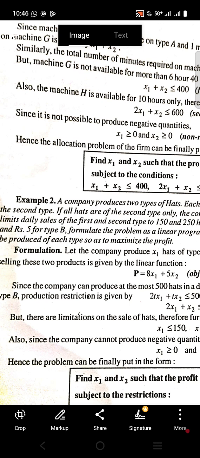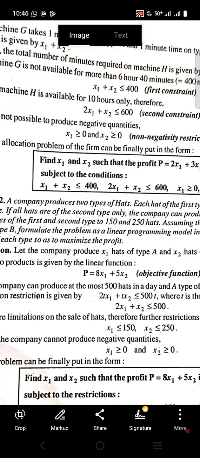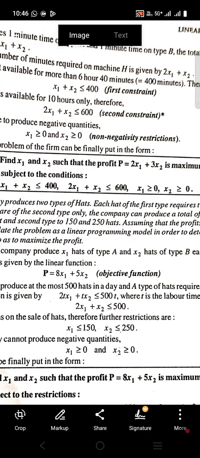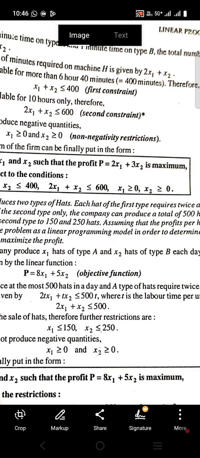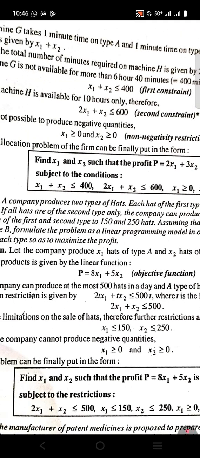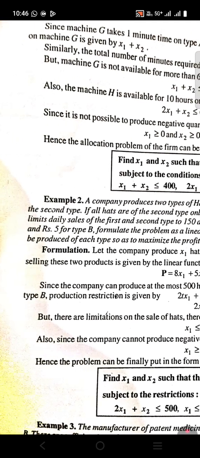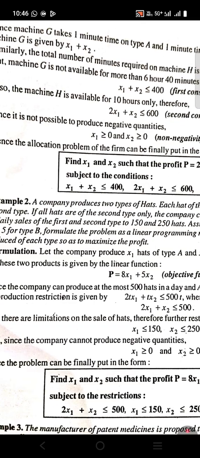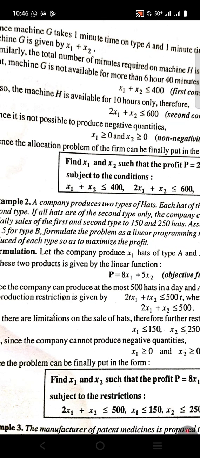We solve the formulation of this problem. The company produces x1 hats of type A and x2 hats of type B each day. So the profit P after selling these two products is given by a linear function.